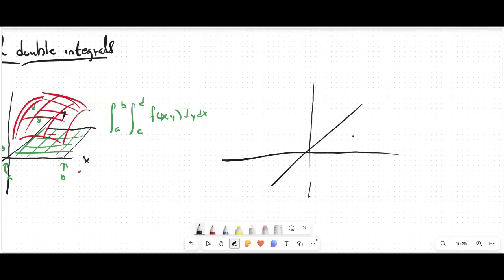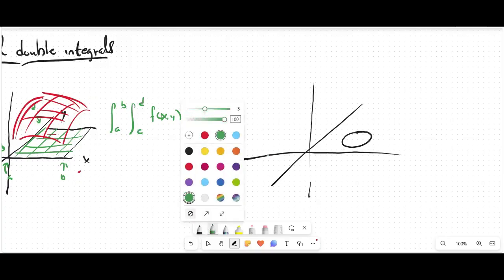Now, let's imagine you had instead maybe like a circle, and you wanted to somehow come up with a way of integrating functions over just this circle. So let's say this is the function over your circle here.